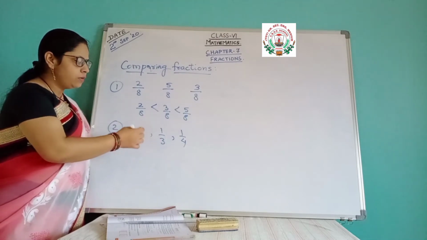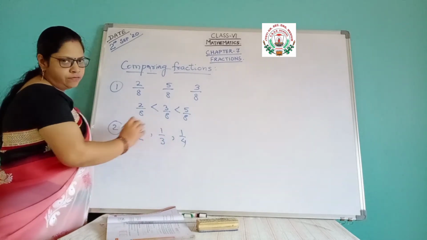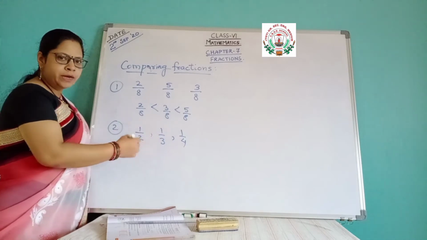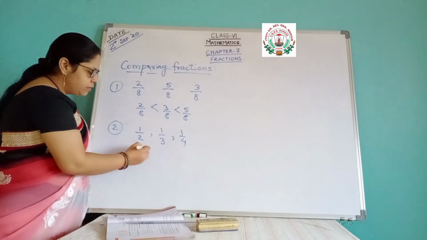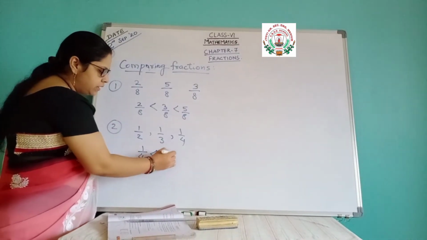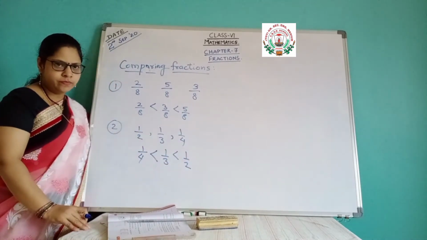You know that 2 is smaller than 3, than 4, that is ascending order, but it is in the denominator, so it will go in the reverse order. Now 1 by 4 is the smallest one, then 1 by 3, and then 1 by 2. 1 by 2 is the greatest one.